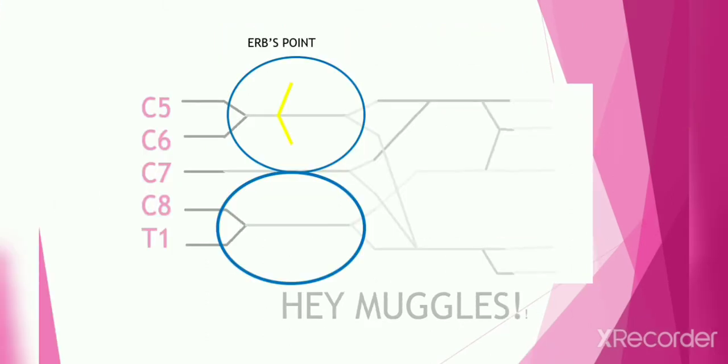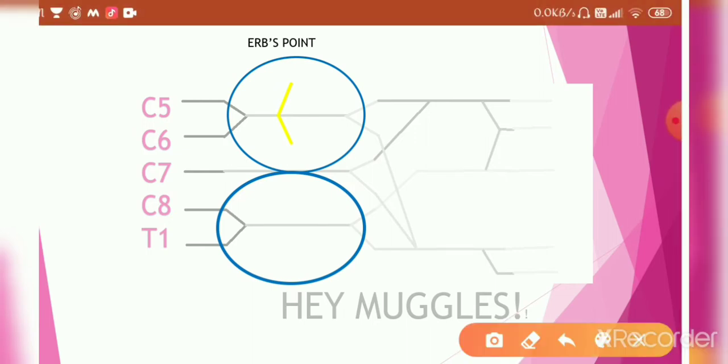So we studied the components and branches of brachial plexus in the previous video, and from your knowledge of the previous video you know what is upper trunk, what is middle trunk and what is lower trunk, right? So your nerve roots C5 and C6 join together to form your upper trunk.